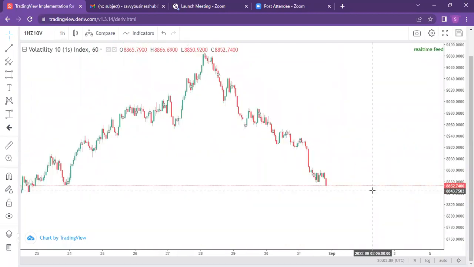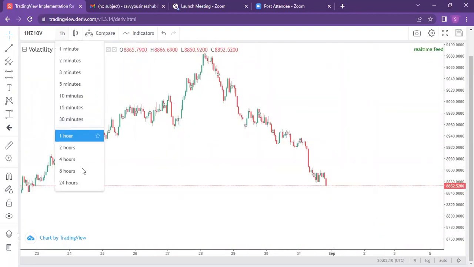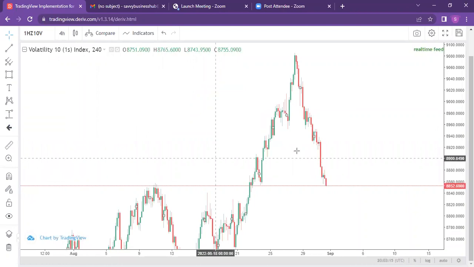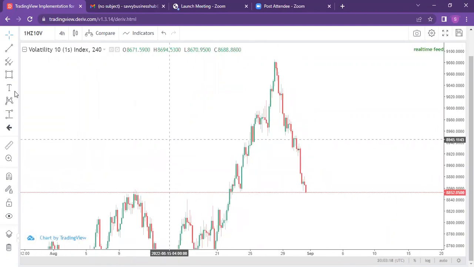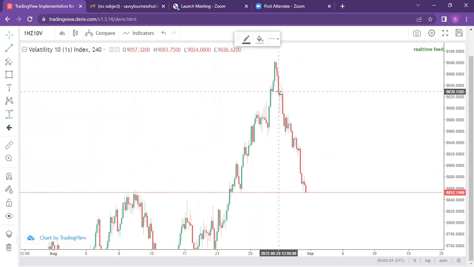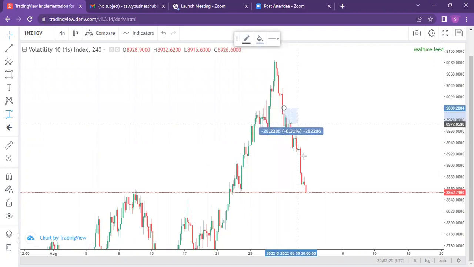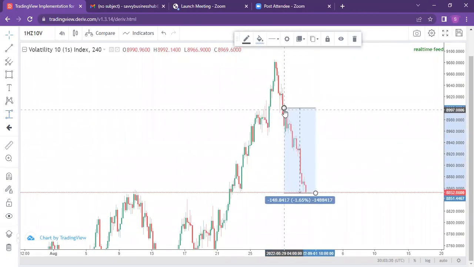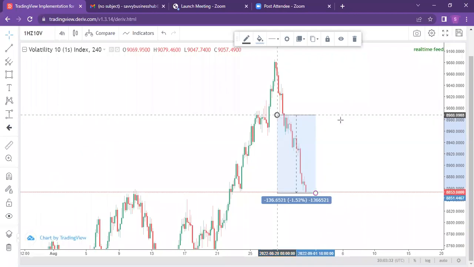So for instance, let me use an instance now. Let's say, okay, sell VIX10 from here now, price range from this place now. That was about 136 points.